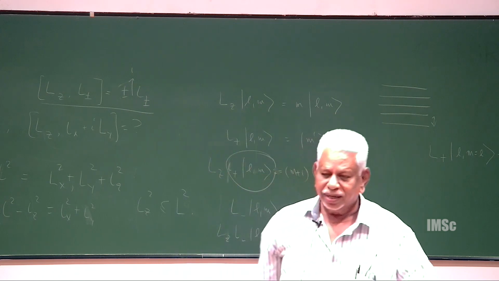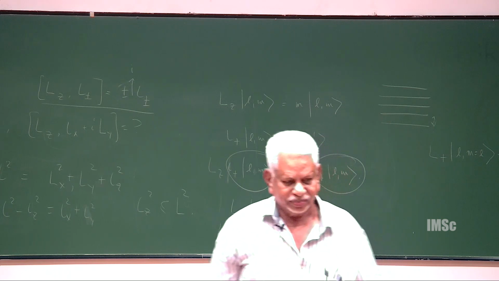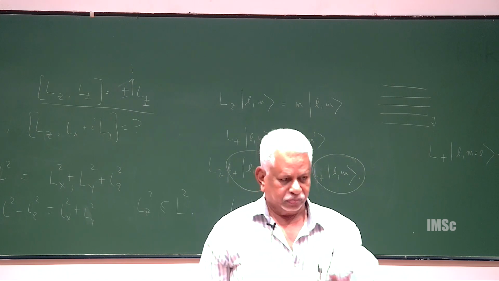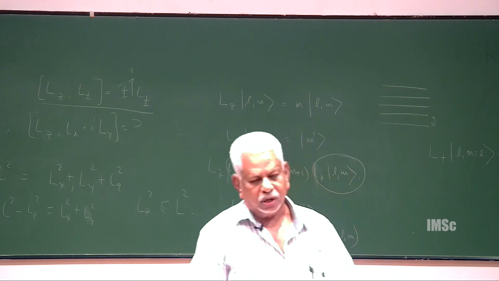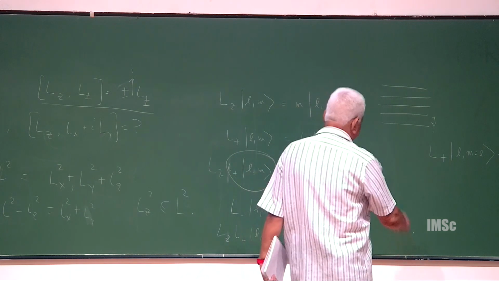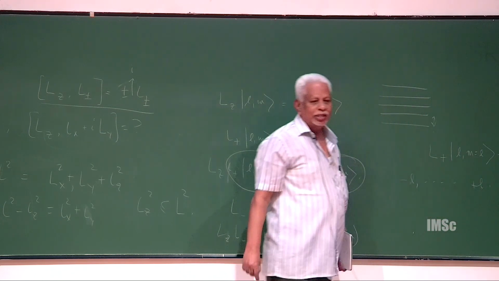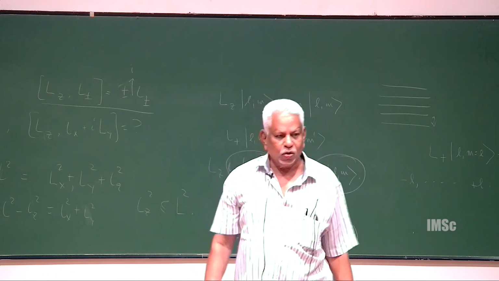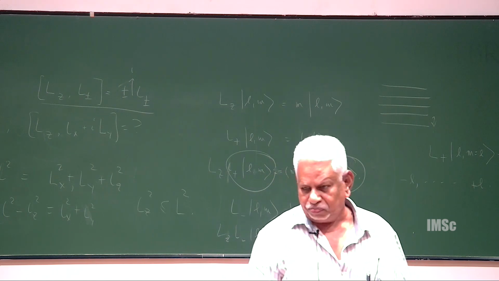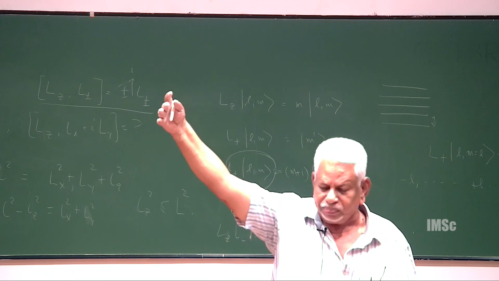Again, by the same argument, it cannot be lower than some value, so at some value it has to be annihilated. It is very easy to prove that the M value will go from minus L to plus L. You start somewhere in between, act by L plus again and again, and you will go to the highest value.